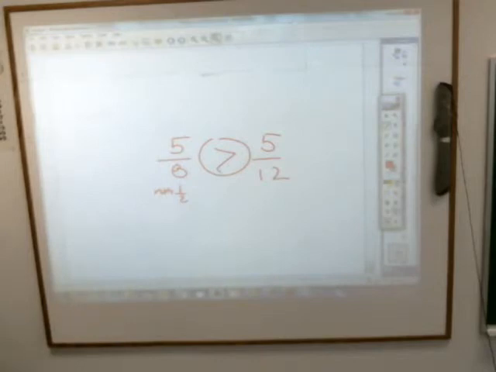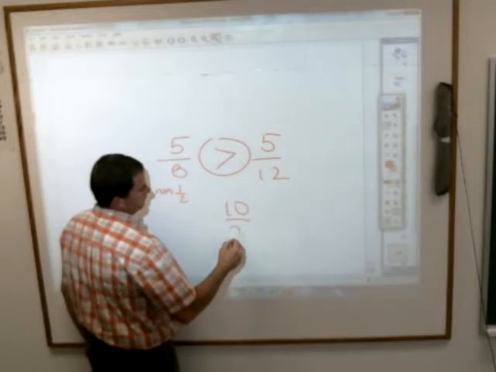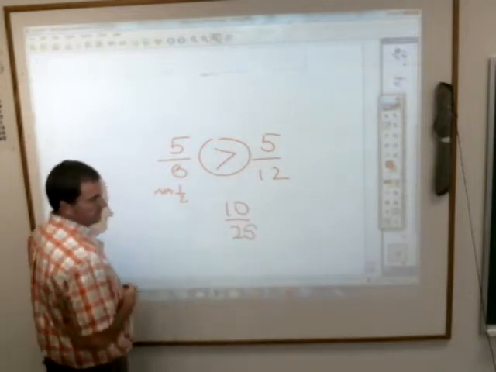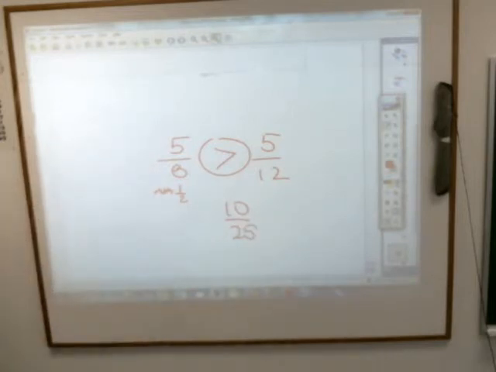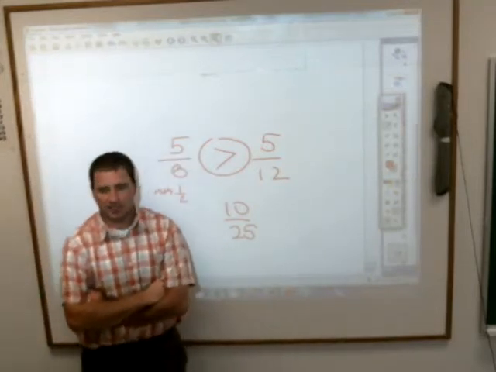Yeah. So you have to be able to look at a fraction and automatically see which one's bigger, which one's smaller. How about 10/25? Bigger or smaller than 1/2? That one's a little tougher because what's half of 25? 10/25, would that be more? If you ate 10 out of 25 pieces of pizza, did you eat more than half a pizza or less than half a pizza?